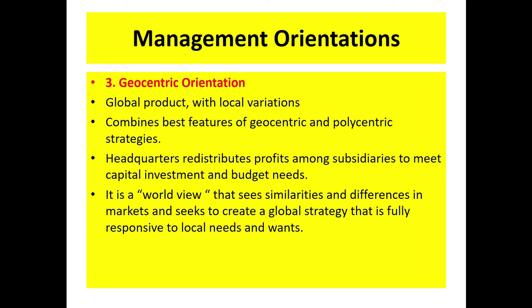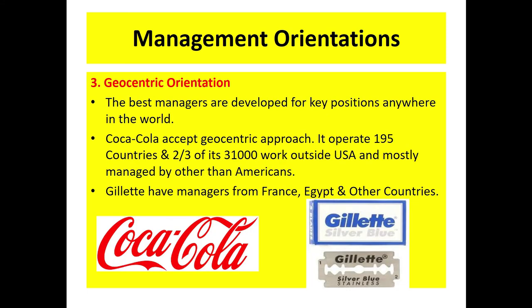Headquarters redistributes profits among subsidiaries to meet capital investment and budget needs. Basically, they have a worldview that sees similarities and differences in markets and tries to create a global strategy that is fully responsive to local needs and, of course, wants. So these are examples of products that adopt the geocentric orientation.